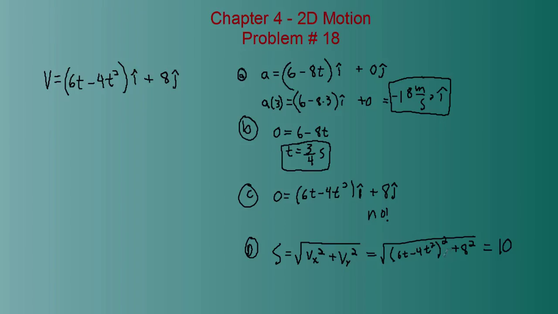At what time is it equal to 10? So the easiest thing to do is square both sides. The square cancels the square root. So you get 6t minus 4t squared, all squared, plus, let's just square this, 64 equals 10 squared, which is 100.